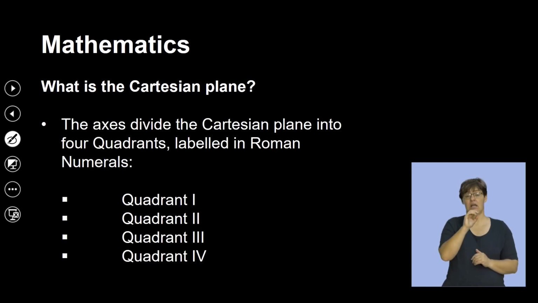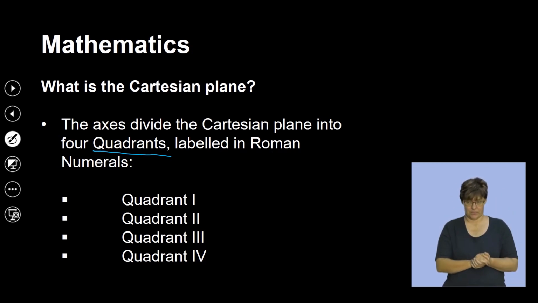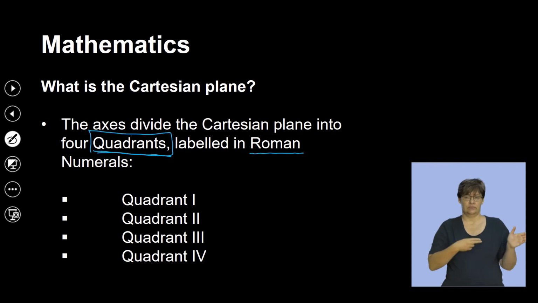Now let's look at how we divide this Cartesian plane. We divide this Cartesian plane into what we call quadrants, and the quadrants on a Cartesian plane are 4. As you know, there are like 4 sides, if we were to call them sides, but mathematically, we call them quadrants, right? And they are normally labeled using Roman numerals.